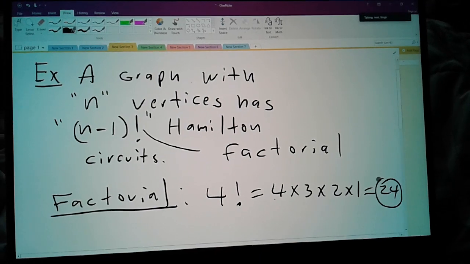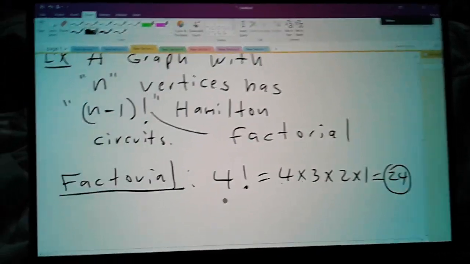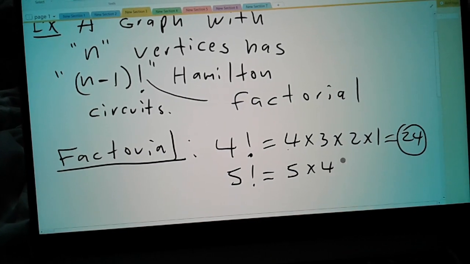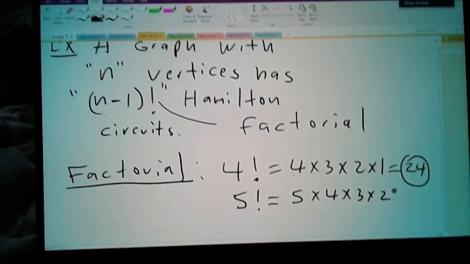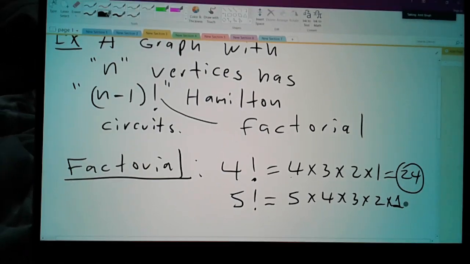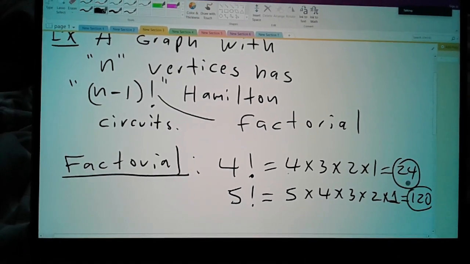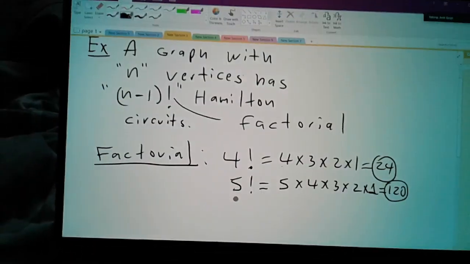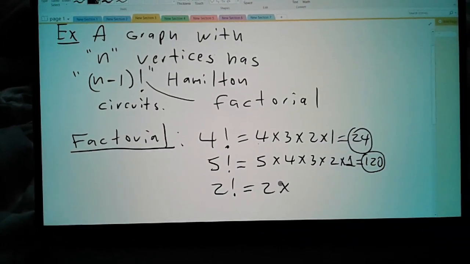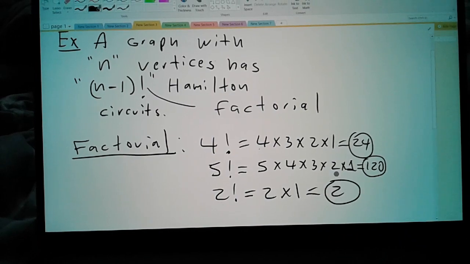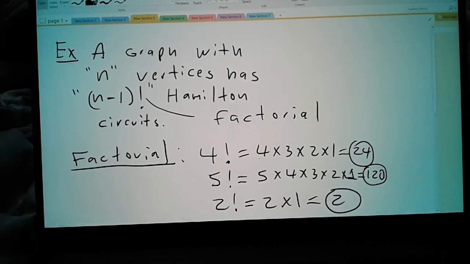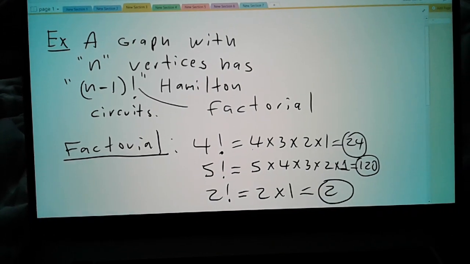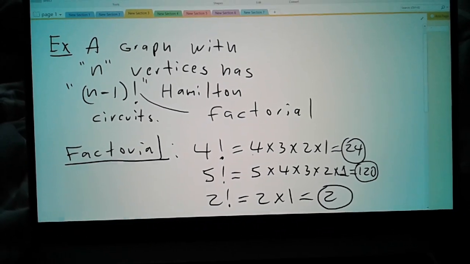So 24. 5 factorial would be 5 times 4 times 3 times 2 times 1, 120. See the pattern? So if I wanted to find 2 factorial, it would just be 2 times 1, which is 2. So I'm telling you that it has n minus 1 factorial circuits in it. I think it's n minus 1 factorial.